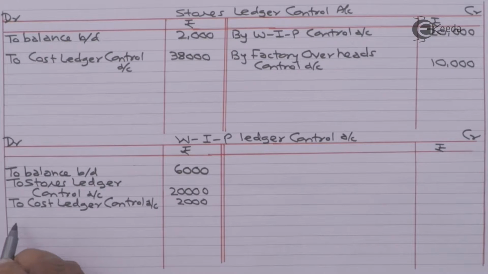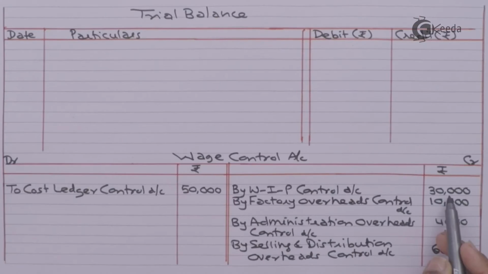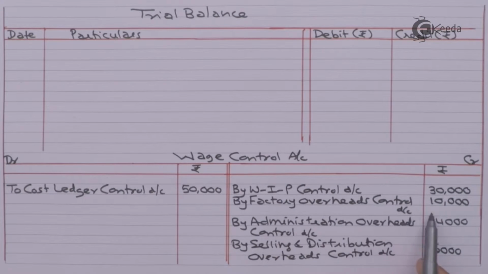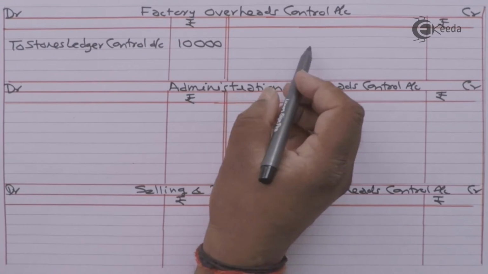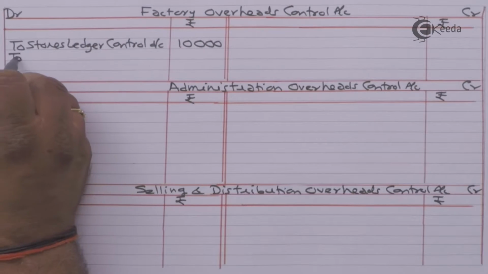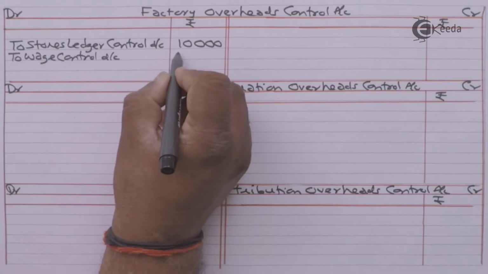WIP control account debit, to wage control account 30,000. Factory overheads control account 10,000. This will be recorded to the debit of factory overheads control account, to wage control account 10,000.